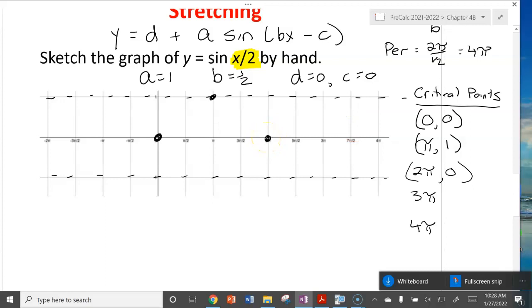Next one is going to be a minimum. So that's -1. And then my last one is an intersection with the axis. So here's this one. There's our sine function. This is with a horizontal stretch. And I could keep going this way because it is periodic.